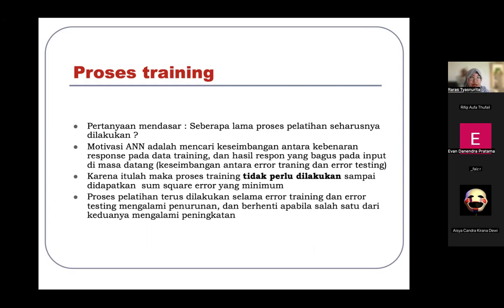But if you give them too many, then they will overfit. So you need to find the optimal time of training. People usually draw them in a graph. When the error of the training still goes down, then you can continue. But when it starts to go up, that means you need to stop the training.